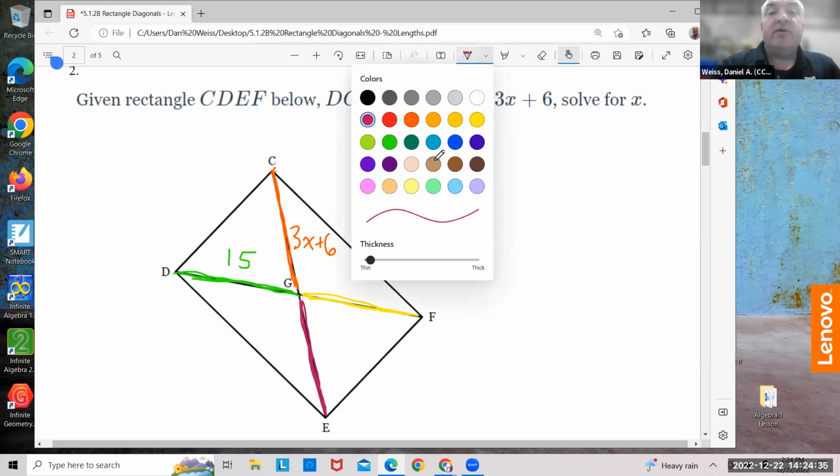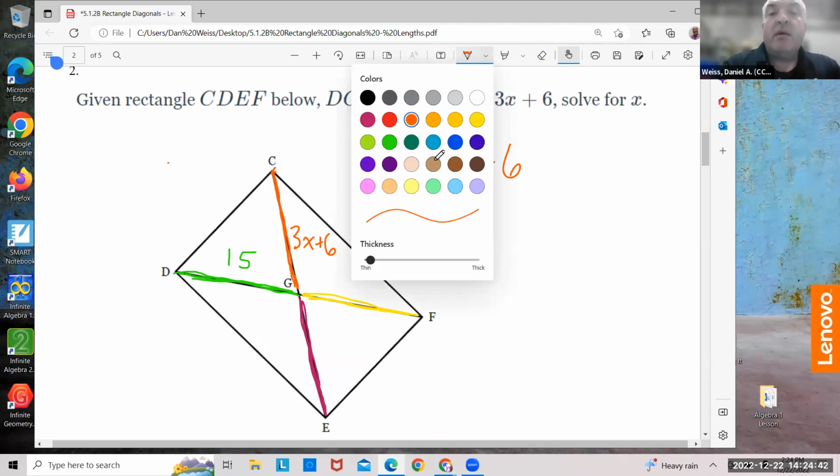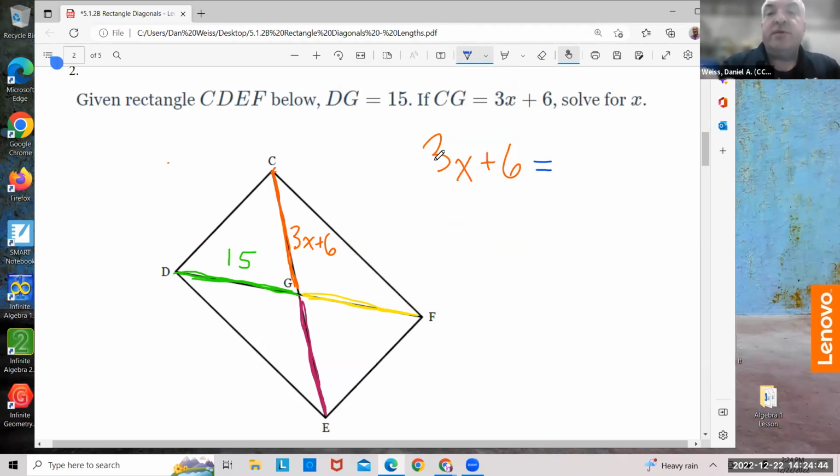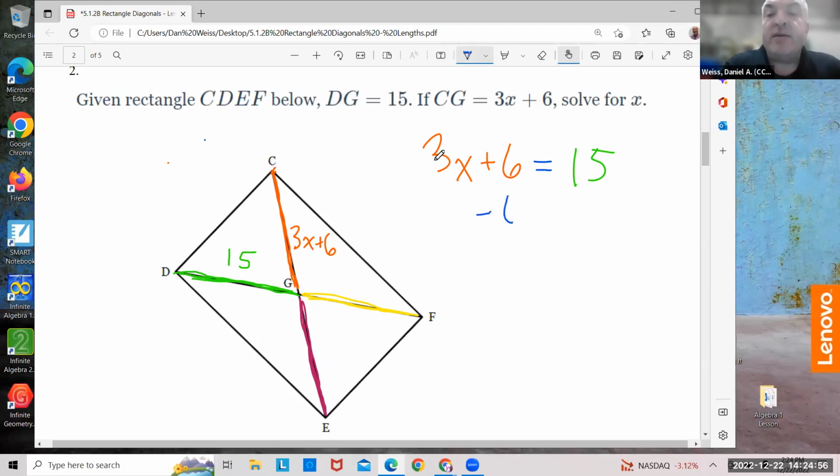So what we can now say is 3x plus 6 equals 15, right? Okay. Now what do we do to both sides? Well, we are going to minus 6, right?